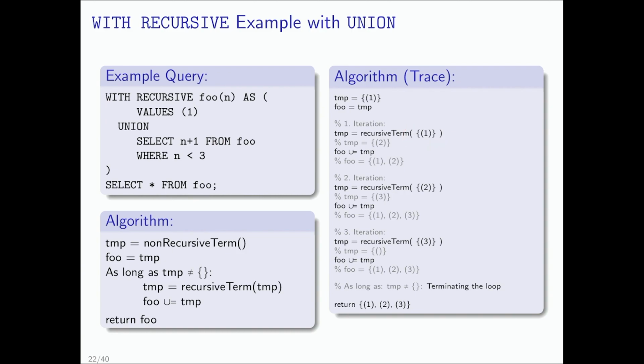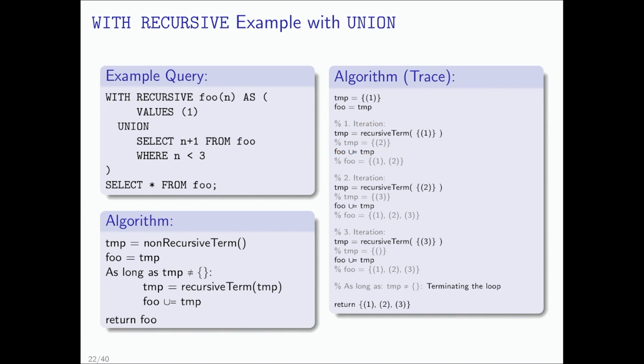Well, that's the input relation, the name of this attribute is n, it is strictly smaller than 3, so it qualifies, and what will you return, n plus 1, and that is 2. So this recursive term returns 2 and appends it to foo, to the output we will produce eventually. Now, after this call, foo contains those two tuples, 1 and 2.